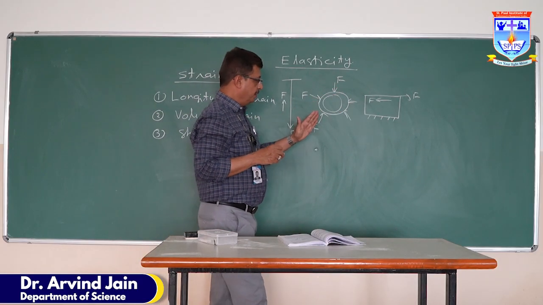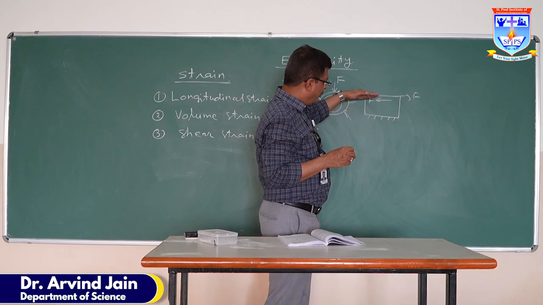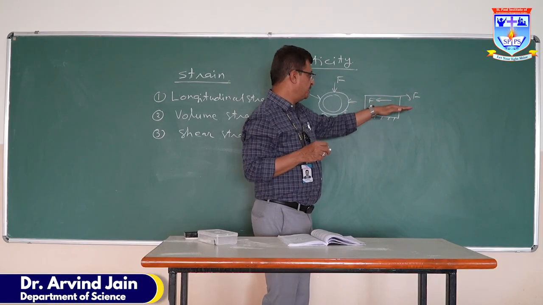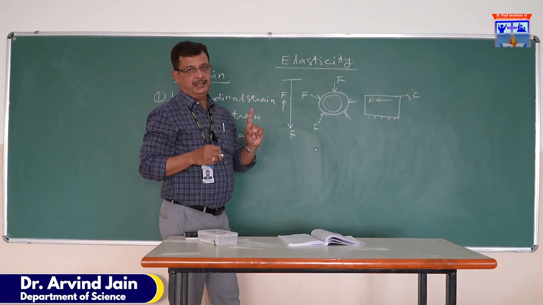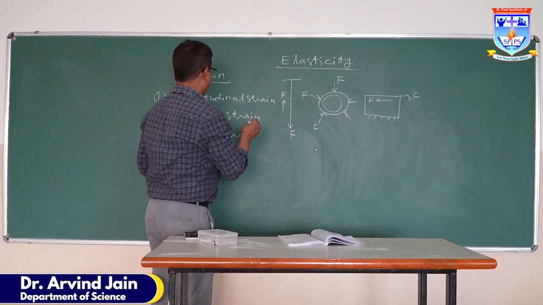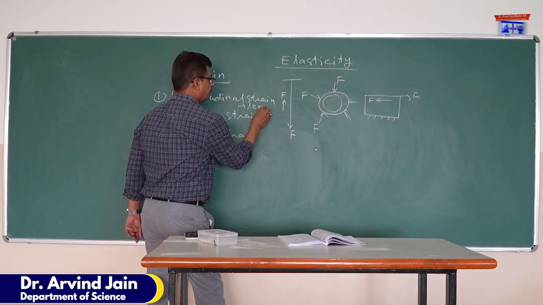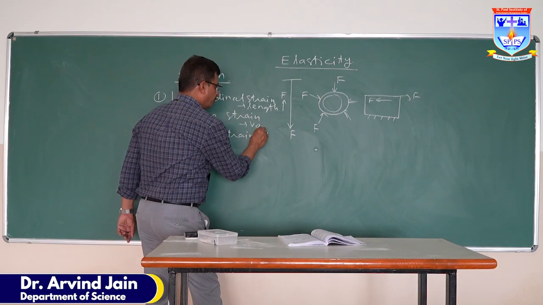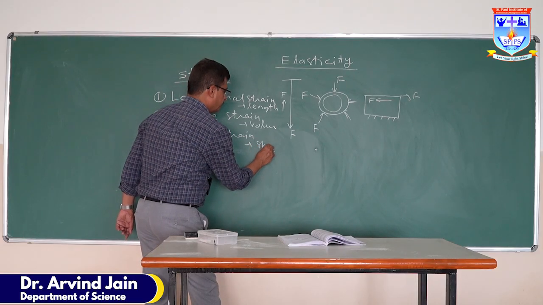And third, when force is applied on the opposite surface of the body and the shape of the body changes, this strain is called the shear strain. Okay, so longitudinal strain is related to length, volume strain is related to volume, and shear strain is related to shape.